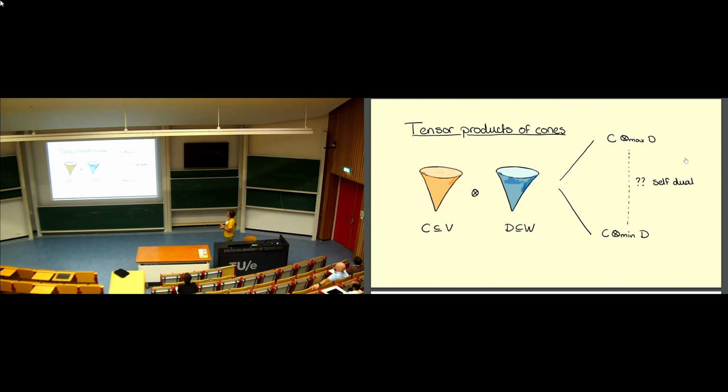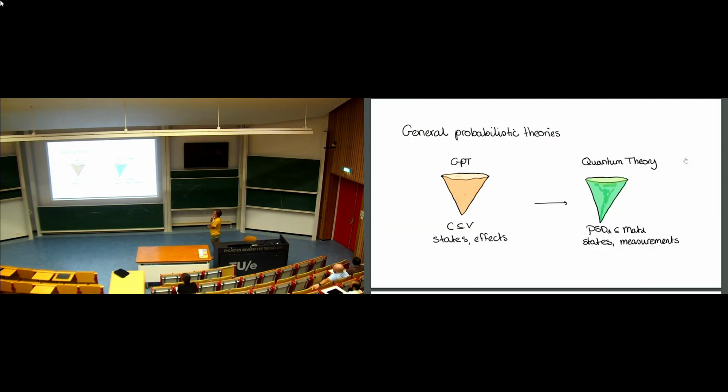And one reason that I would like to know it comes from physics. My main motivations come from quantum theory and also something called general probabilistic theories. I know most of you are not physicists, but if you do quantum theory, then you talk about quantum states. And what are those things? Well, they're just elements from the PSD cone, specific elements.